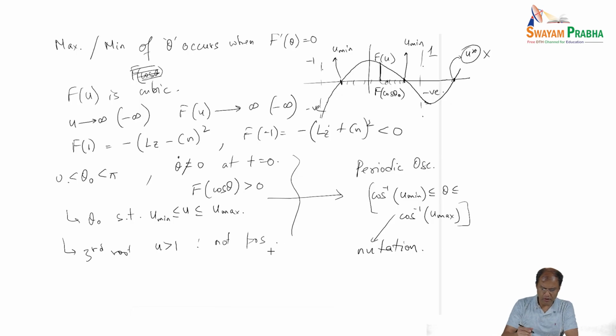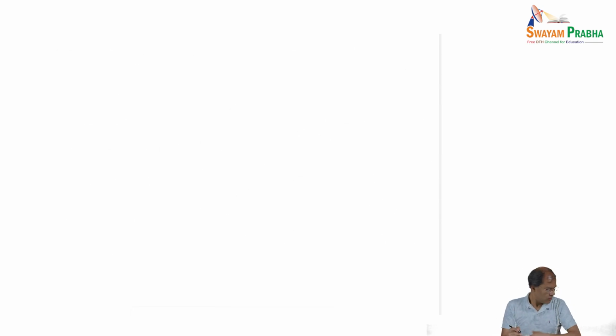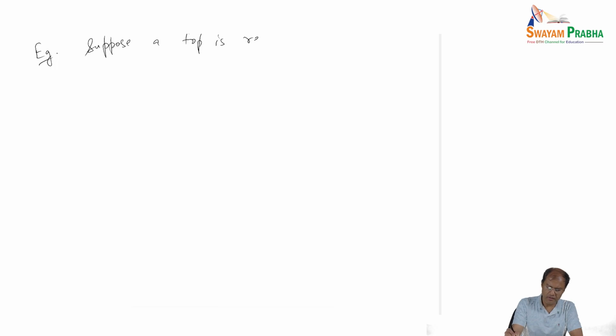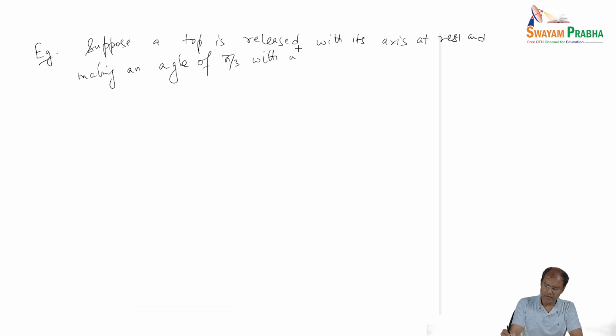Okay, so let us look at this idea with some example. Suppose a top is released with its axis at rest and making an angle of pi by 3 with the upward vertical, right?